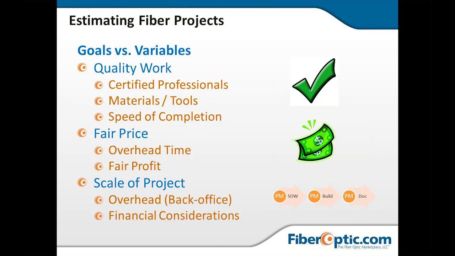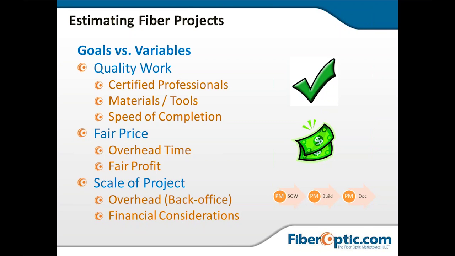So, estimating fiber projects. If we're going to take on any kind of project, whether we're looking at it from a bid perspective or from an ownership perspective, there are a few things that are going to be similar, and those are common goals. Regardless of whether we're building or planning a network, we're going to want to make sure that we get good quality workmanship.